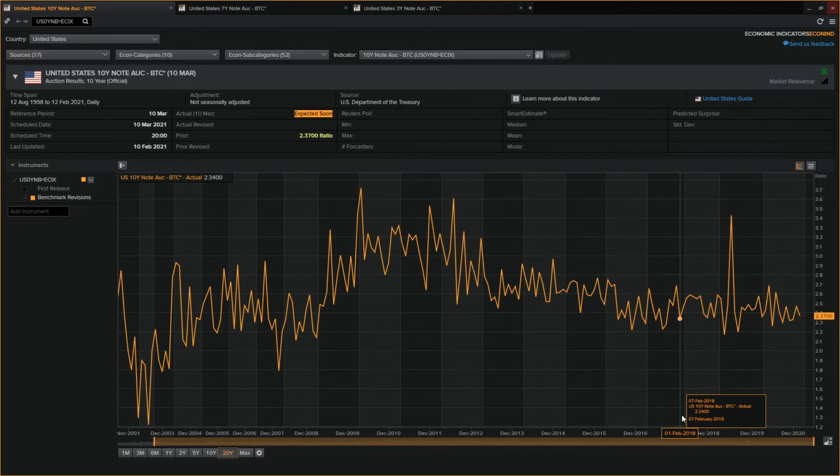Below 2.37, you're probably going to see US 10-year moving higher, and above that, you're probably going to see US 10-year moving lower. However, again, relative to the recent auctions, the biggest surprise would come from a print either close to or above 2.6 and 2.7. So anything in that vicinity and higher, that's going to see a massive reaction in the bond market.